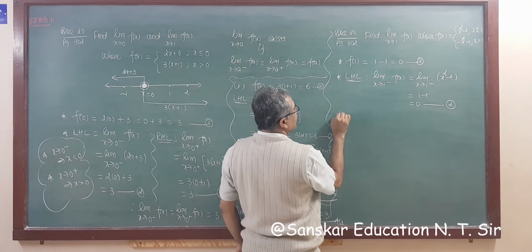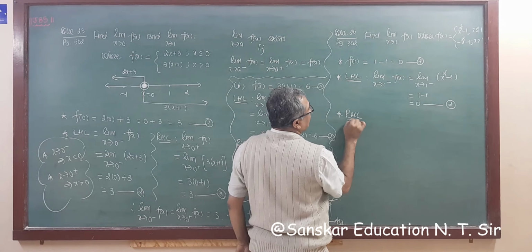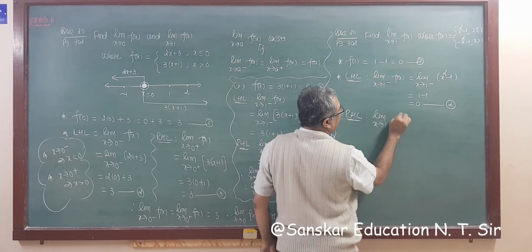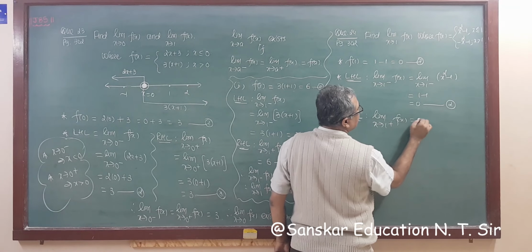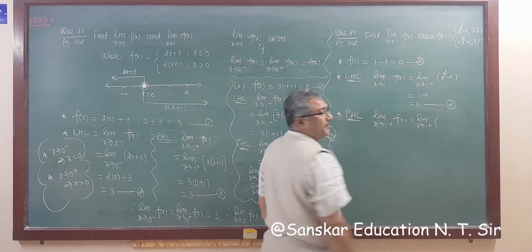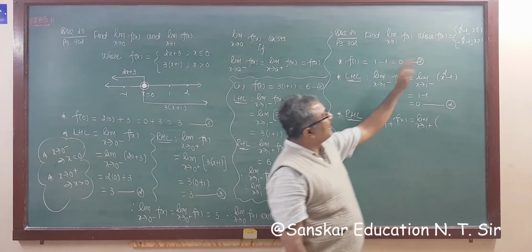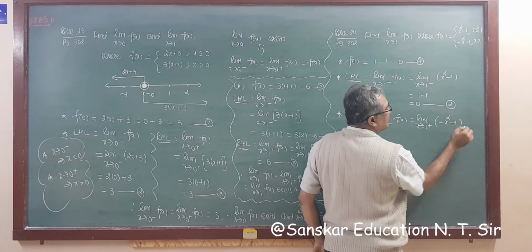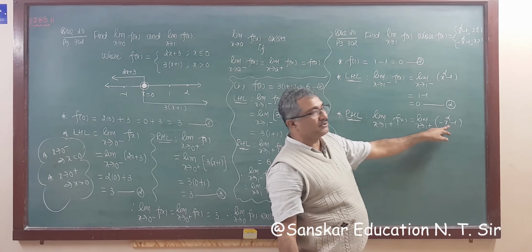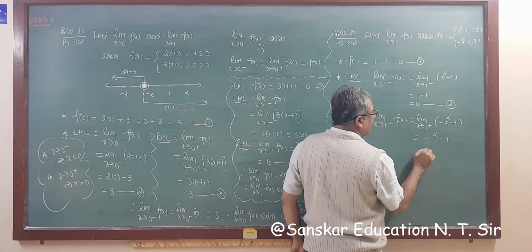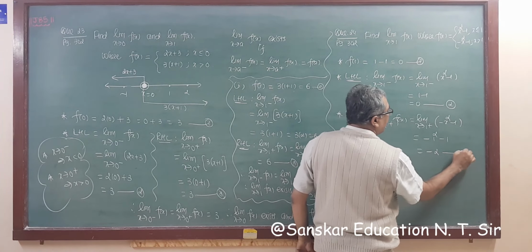Now right hand side limit. So right hand side limit x tends to 1 from right f(x), that is limit x tends to 1 from right, and from right means x greater than 1, and for greater than 1 this is defined. So minus x square minus 1 is defined. Now substituting x is equal to 1 here, this is minus 1 square minus 1, minus 2, number 3.